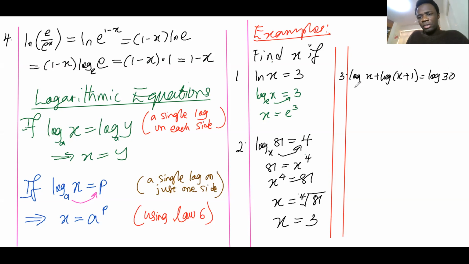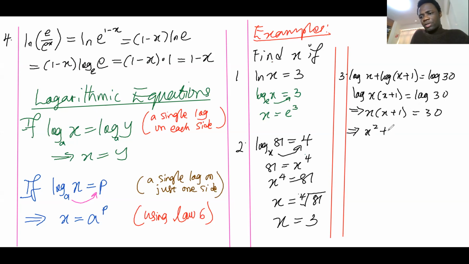If you merge that, you're going to have log x(x plus 1) equals log 30. Now, you can see log of a number equals log of another number, then those two numbers must be the same. This means x times x plus 1 must be equal to 30, which means x squared plus x minus 30 is equal to 0. That's quadratic, isn't it?